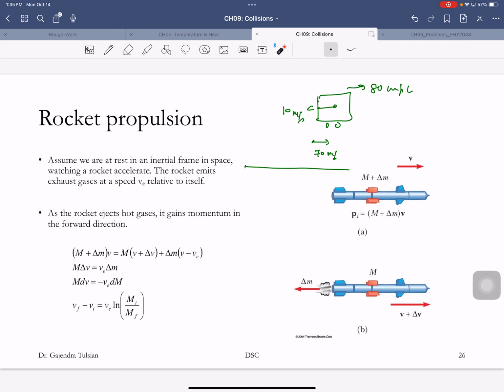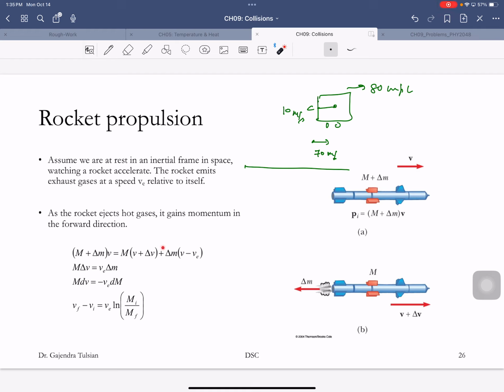This is the exhaust velocity, subscript E. So the faster the exhaust velocity, the smaller this number, the greater this number has to be. If you want to pick up speed fast in a rocket, you want fast exhaust velocities.